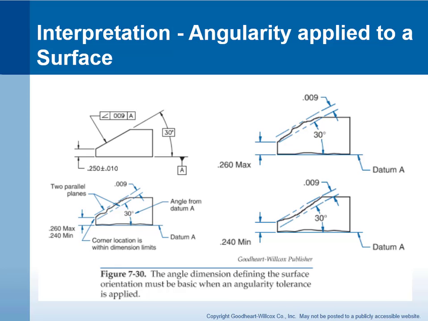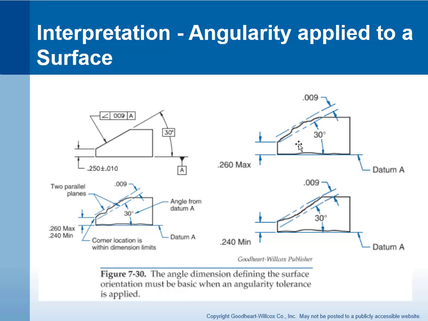There are several ways to do that. In this particular case, we're dimensioning that side by its dimension and then a basic dimension on the angle. What does that mean? That means I have a maximum of 260 here.